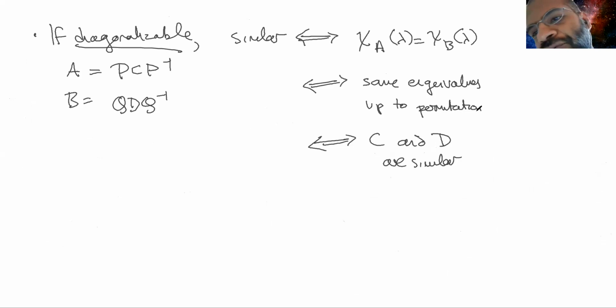Oh yeah, we proved that in the last lecture. One direction we proved, right? If they're diagonalizable, then the characteristic polynomials are the same.